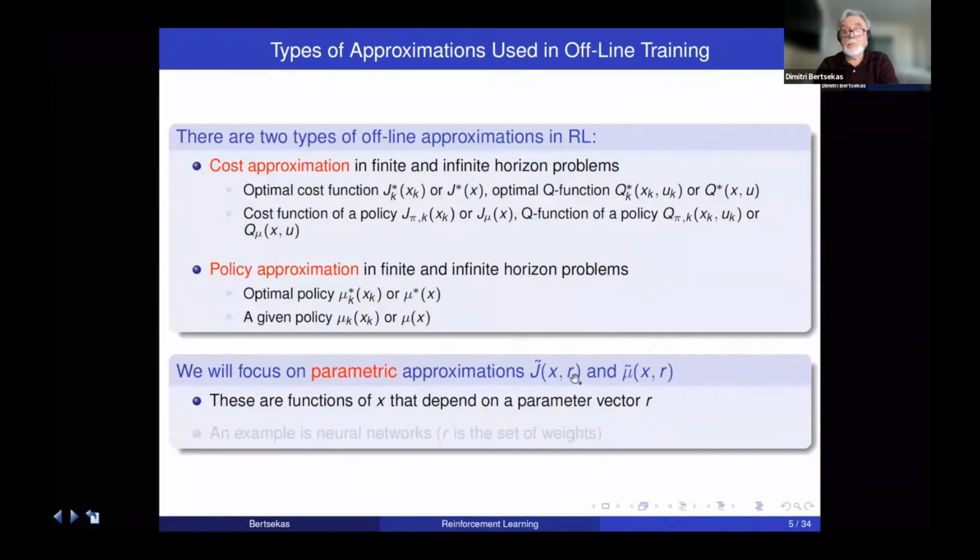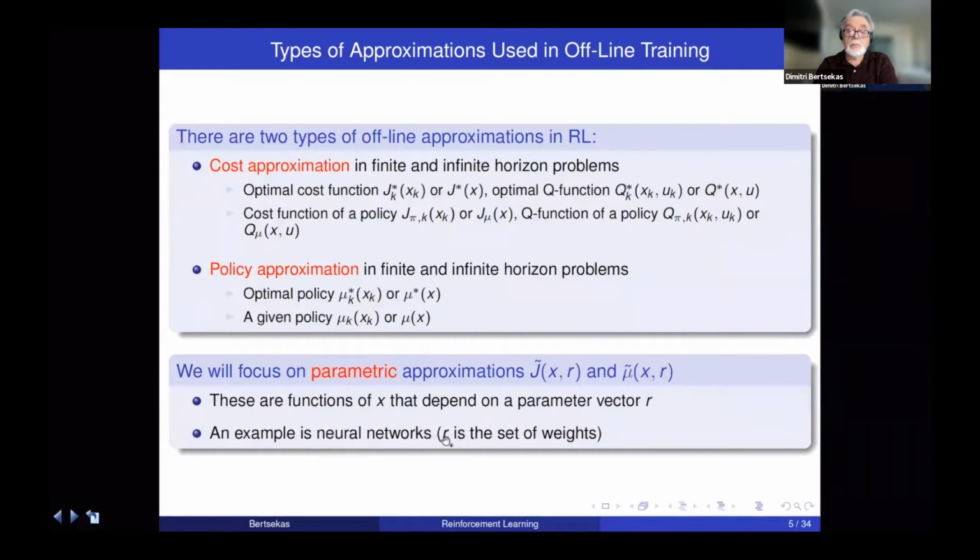And by choosing the parameter, we can obtain different approximations. And the idea is to choose the parameter in some kind of optimal or semi-optimal way that matches data that we have about this target function and this target policy. An example, and we're going to give several, is neural networks.